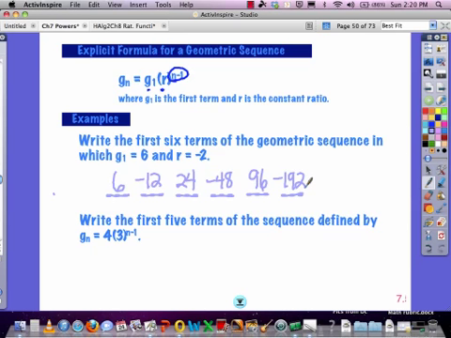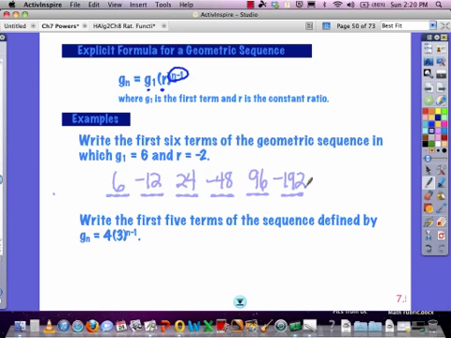So there are the first 6 terms. You'll notice they are alternating positive, negative, because our R value, our multiplier, was -2, which then causes it to toggle back and forth.